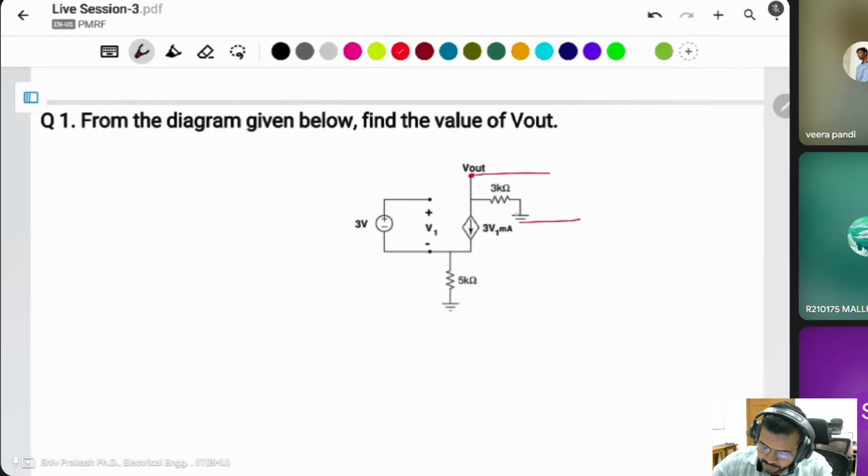It means the voltage across the 3 kilo ohm resistor. How can you find this one?